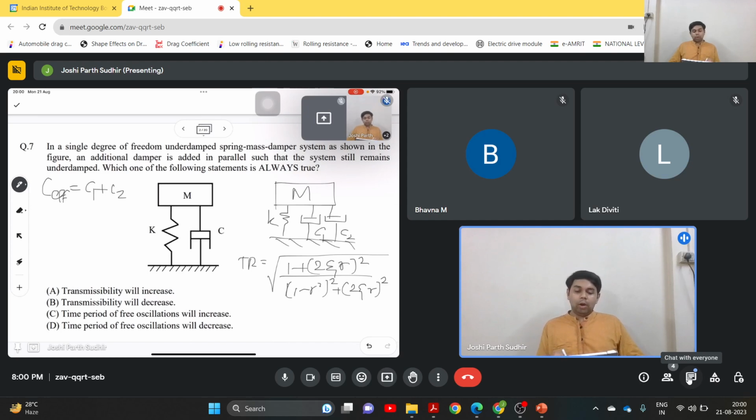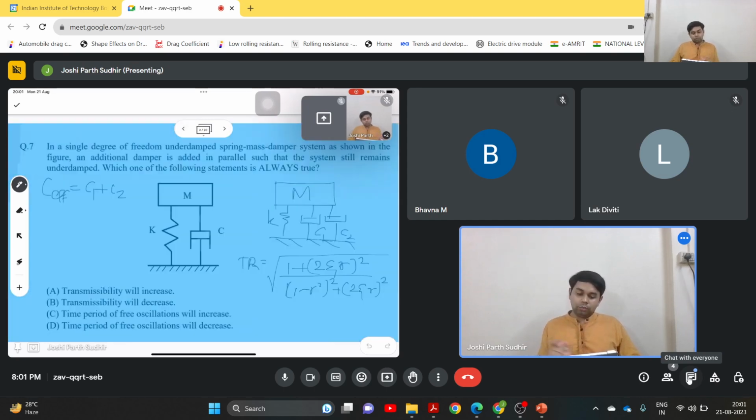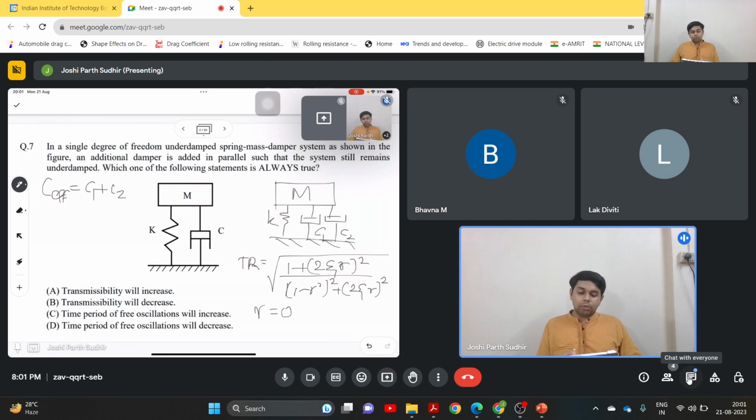So now if we plot the variation of this transmissibility ratio with the frequency ratio, if we substitute r equal to 0, the transmissibility ratio will be 1, right?